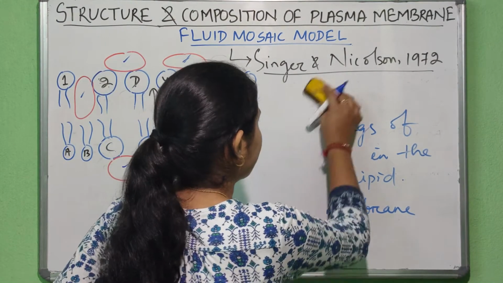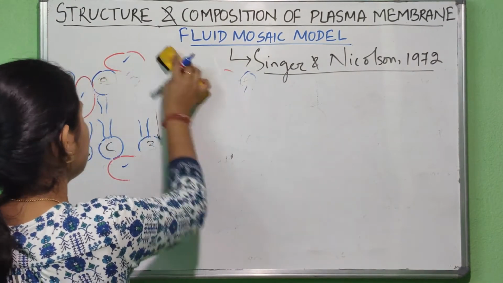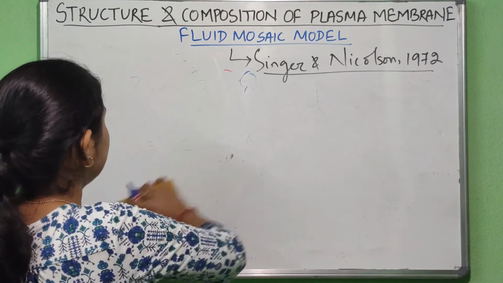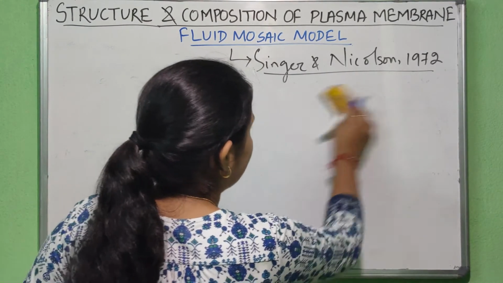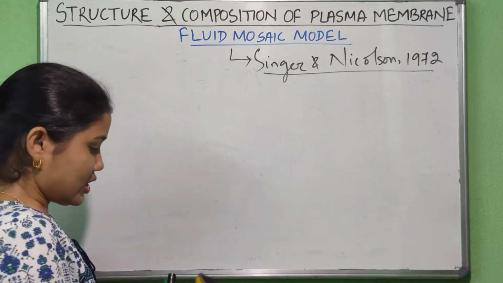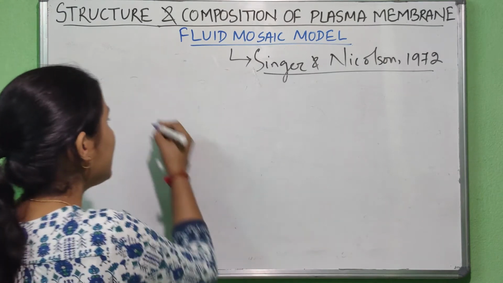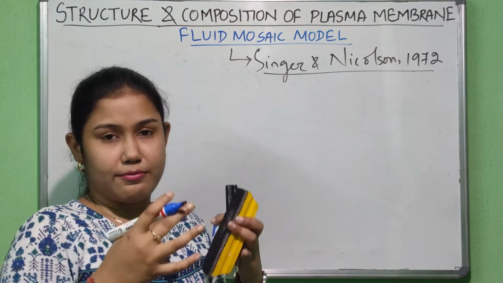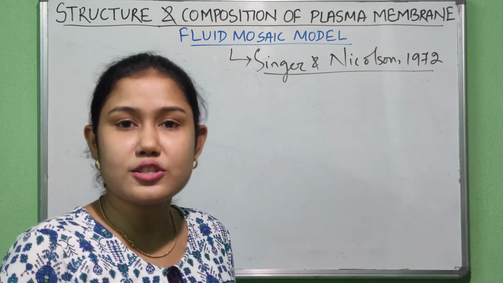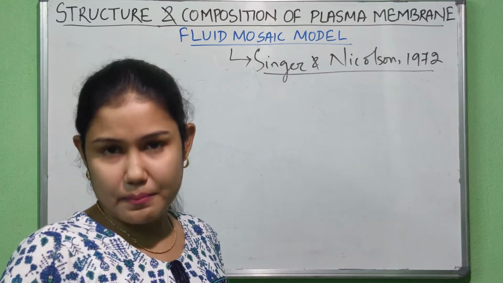So now let's discuss about the dynamic nature of the membrane. Okay. So considering the property of the plasma membrane, the first property is saying that both fat soluble as well as water soluble substances can pass through the plasma membrane.